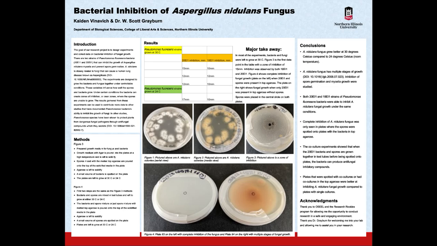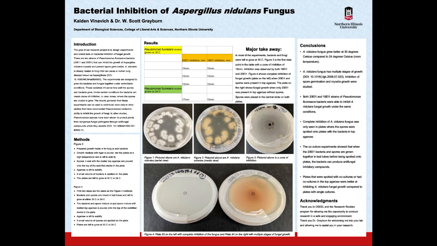This plate had spores in the top agarose and a spot of the 20EI1 bacteria. You can see underneath the 6, that black circle in the middle is where the bacteria was originally spotted and grew. That zone of discoloration is the zone of inhibition that extends from that bacterial growth, and then that is what is measured as a result and as that zone of inhibition.